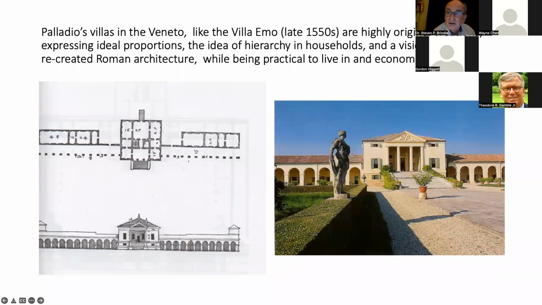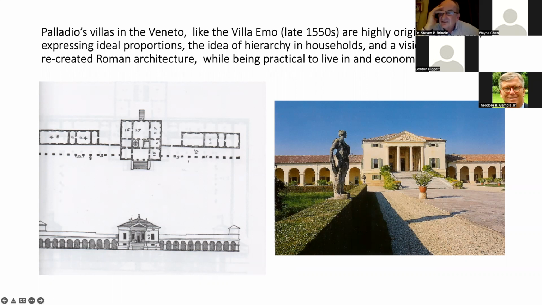The category of Palladio's works which were most influential of all in England, without a doubt, of his built works, that is, were his villas. For there were certain social analogies between the situation of the Venetian noblemen who bought estates on the terra firma and who had large villa residences there. Palladio was using a well-established built form, a comfortable gentleman's residence with a large farm at the center of the estate, but he elevated it to new heights architecturally.